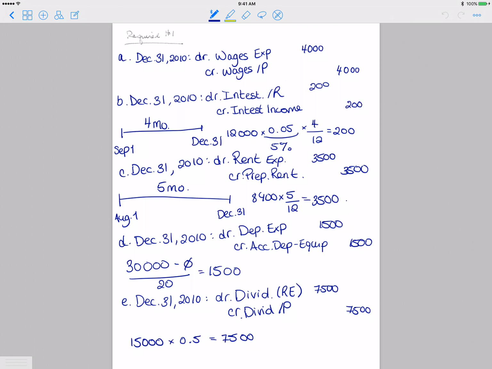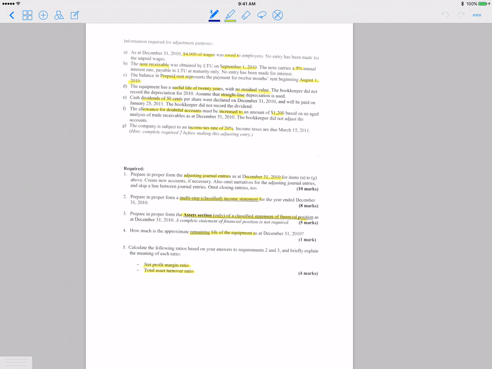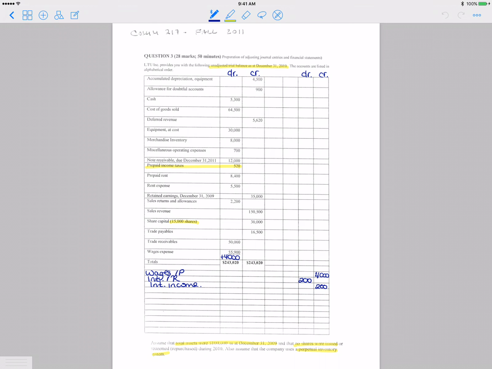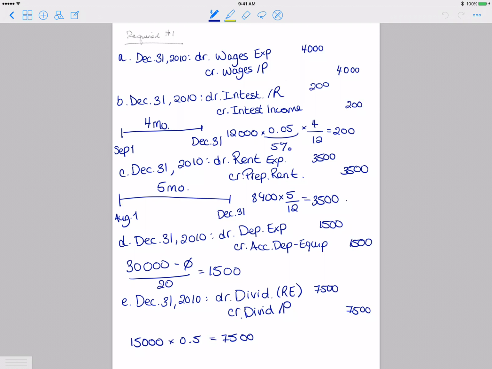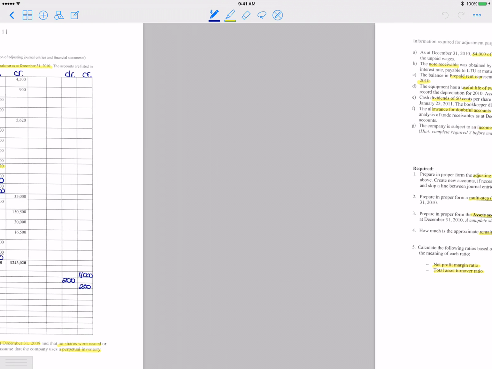Let's go on to the next one. We have rent expense and prepaid rent that we need to adjust for $3,500. So we already have prepaid rent here, which needs to be decreased by $3,500, and rent expense needs to be increased by $3,500. Let's keep going. So rent expense is done. Depreciation expense and accumulated depreciation need to be adjusted for $1,500.